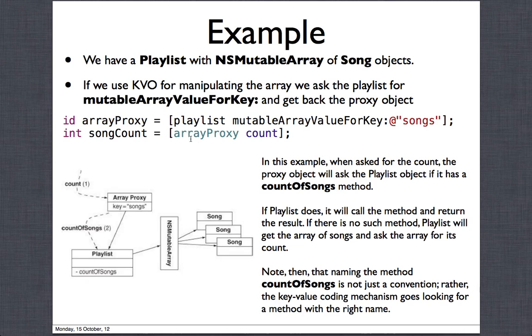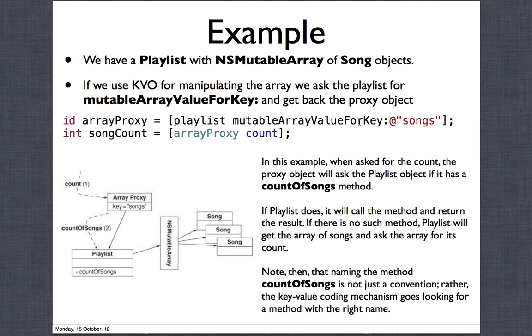So here's an example. We create a new object and we don't have a class for it, so we say id arrayProxy, and we ask the playlist for mutableArrayValueForKey songs. We know that we have this array called songs, but instead of just getting that array, we are getting the array value for this key.